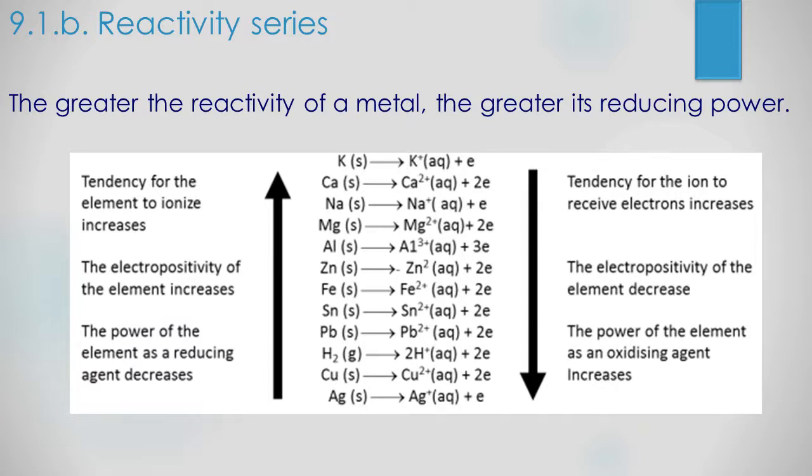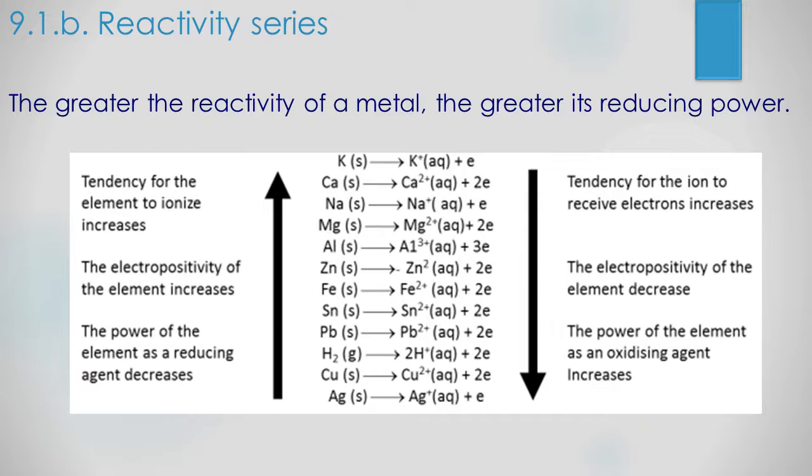So it has the greatest reducing power and it has the greatest tendency to ionize, to form ions, to undergo oxidation. However, Ag is the least reactive metal in this list. So therefore, it is the least in the ability to lose electrons or undergo oxidation.